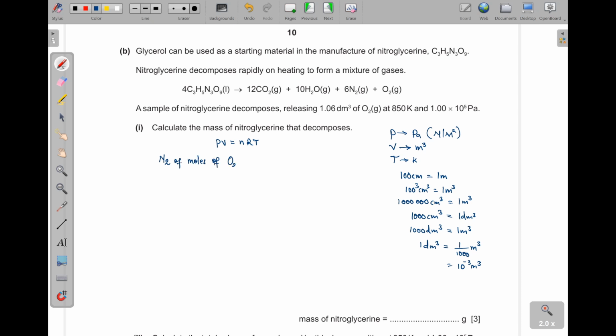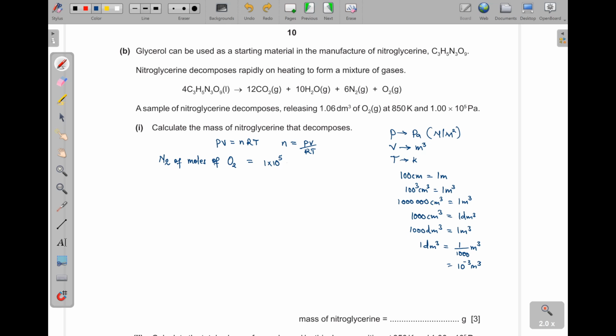Number of moles of oxygen is going to be equal to, remember, n is equal to PV over RT. So the pressure is 1 times 10 to the power of 5, it is given here.